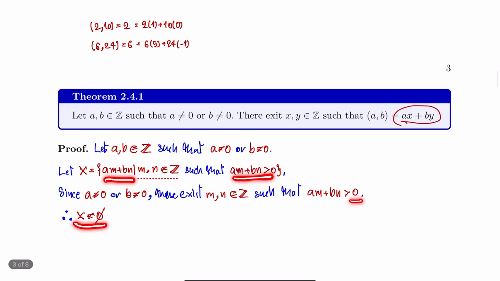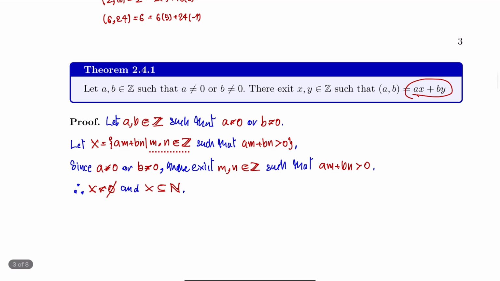So this set is not empty under any condition. And since this integer is positive, the set X is a subset of the set of natural numbers.